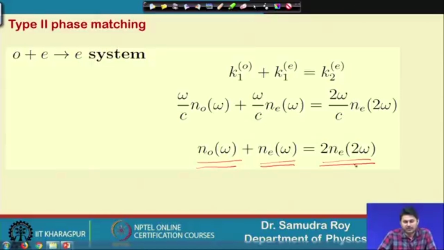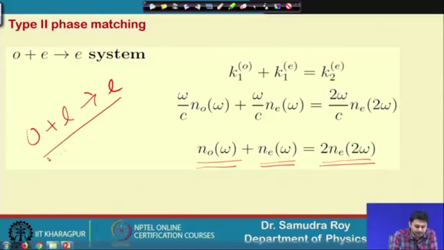This is the type 2 phase matching condition, but this condition is for the O plus E gives E system. In a similar way, if you do the E plus O gives O system, that means one extraordinary wave and one ordinary wave lead to one ordinary wave, sorry, this is O because we have already done these things.